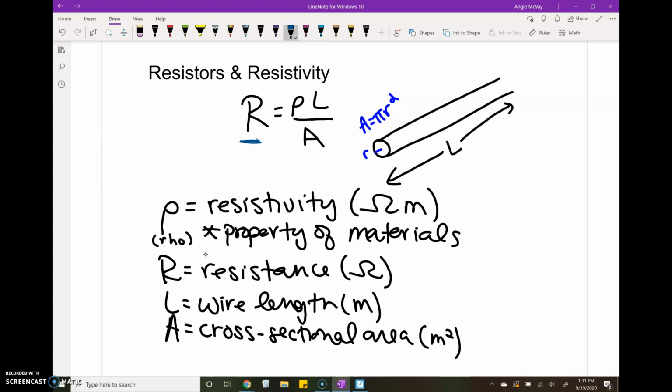Resistance increases the longer the wire is, and resistance decreases as the cross-sectional area of the material increases. Okay, so resistance is directly proportional to resistivity and length, right? If there's a longer wire, electrons will be interacting with the electric field of charges in the material more, and that will slow down the flow of charge. The fatter the wire is, the more the cross-sectional area will decrease the resistance.